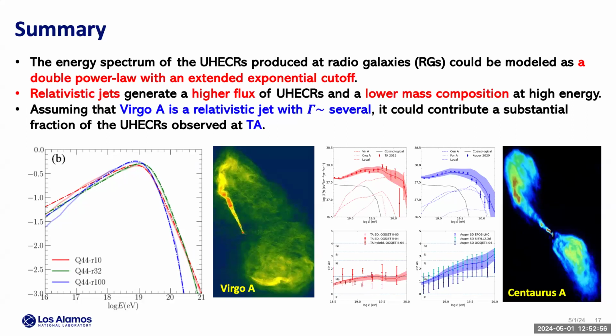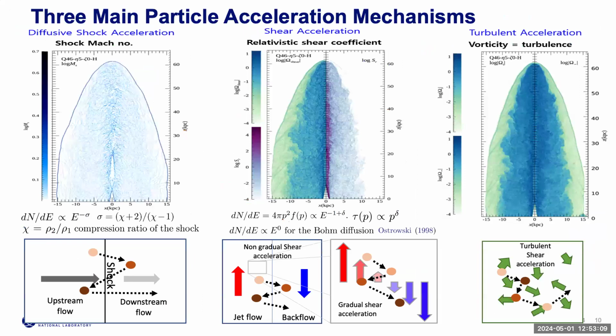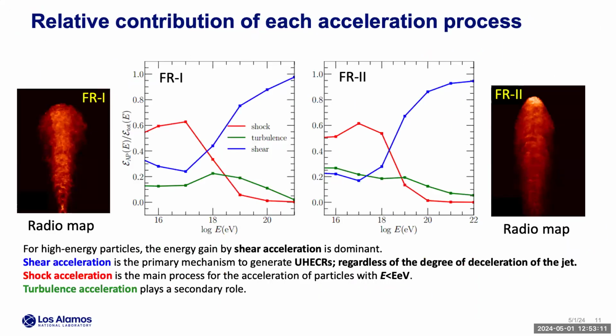May I ask what the major physical parameter is that determines the fraction of each component's contribution to the cosmic rays? Because you said that no matter how fast the jet is across the distance, the shear component will still be the major one. So what's the underlying physics?